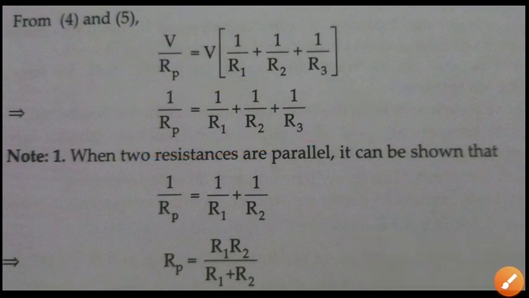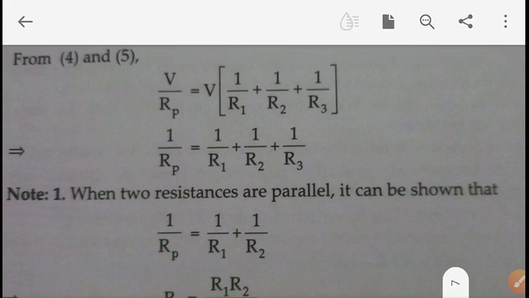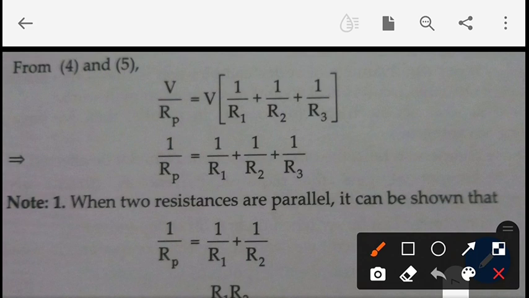One important thing to discuss: when two resistors are connected in parallel, this formula can be applied. 1 upon Rp, where p is for parallel, is equal to 1 upon R1 plus 1 upon R2.